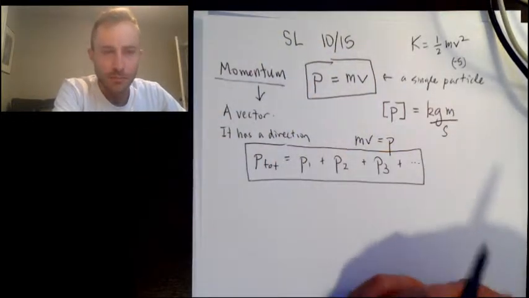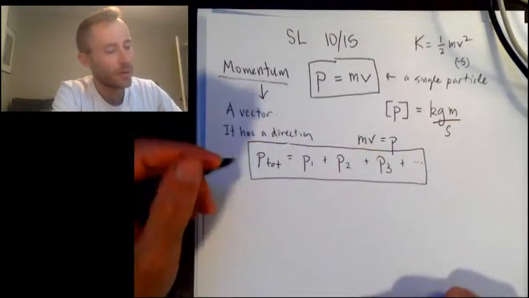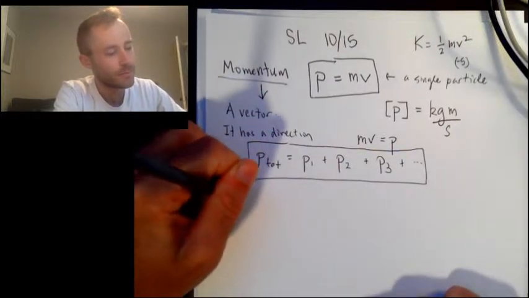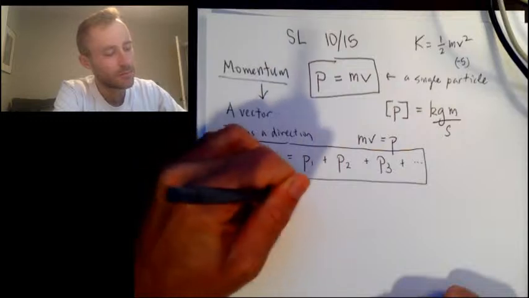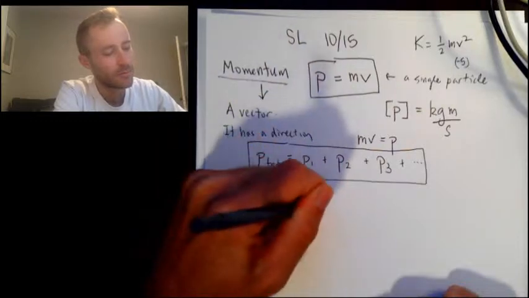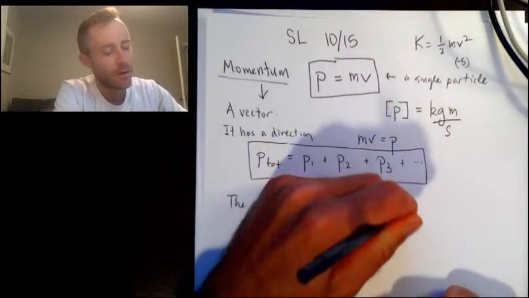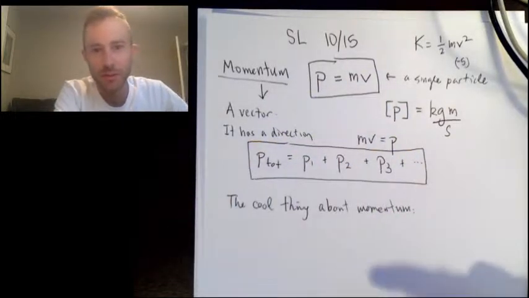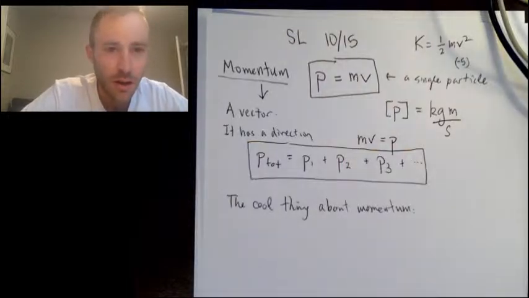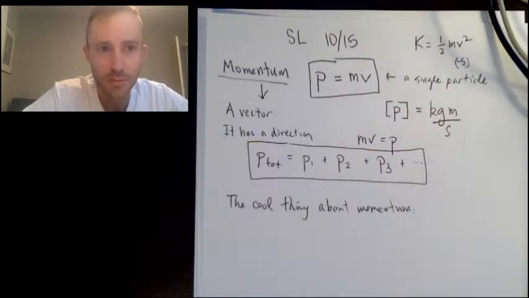Now here's the cool thing about momentum. What makes something cool in physics? Something is cool in physics if it makes your life easier, if it makes it easier to solve problems. So momentum is a tool that allows you to solve problems more quickly, more easily.